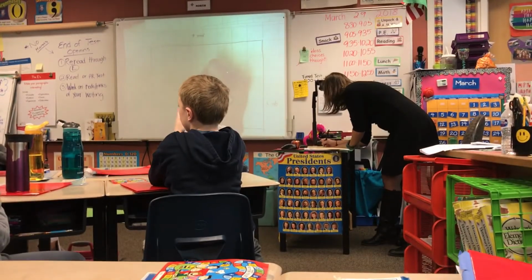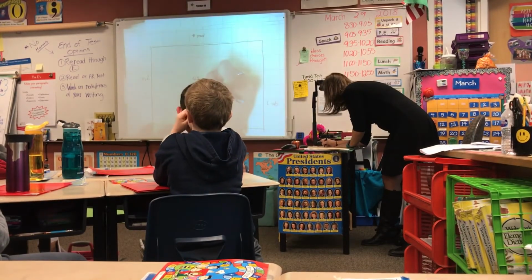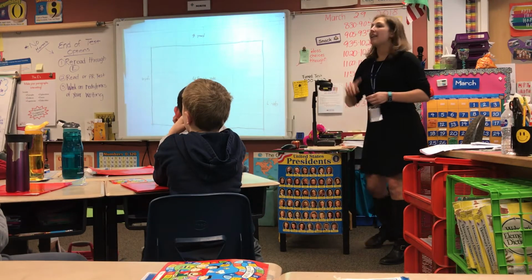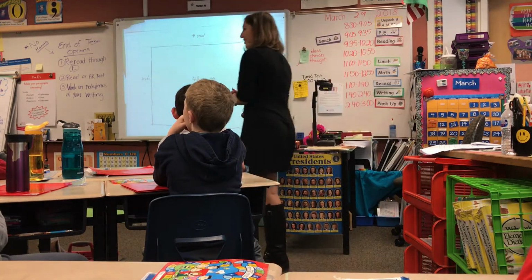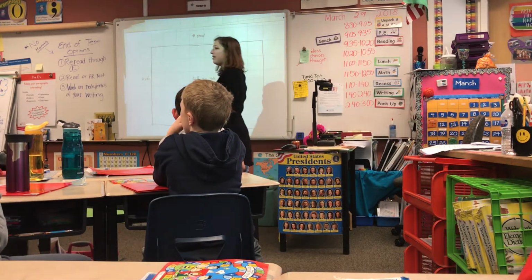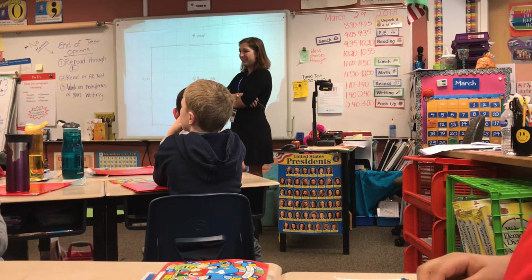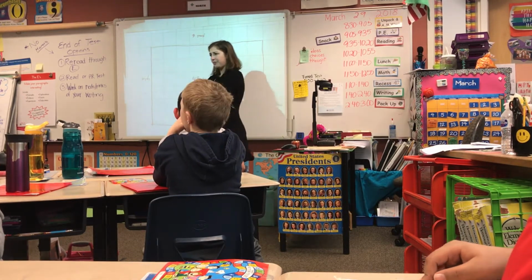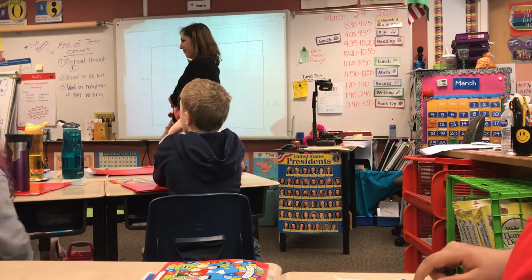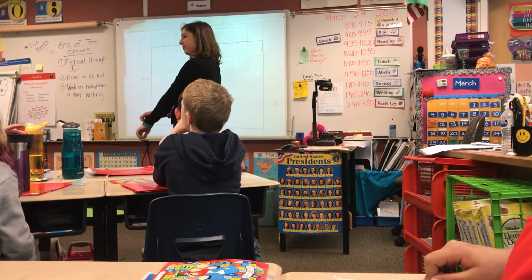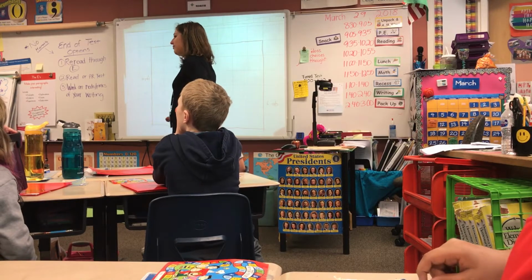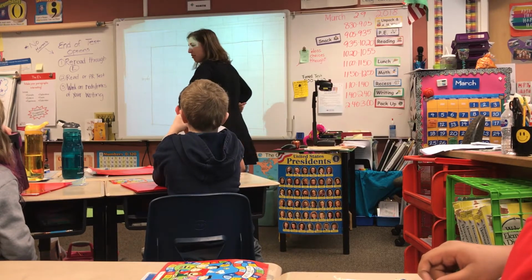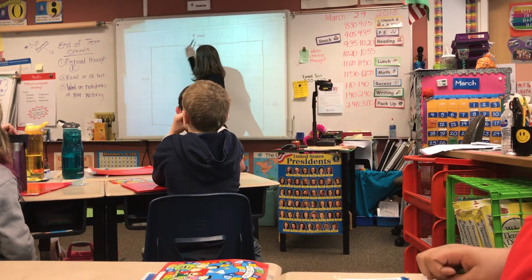Okay, 48 square yards. But let's go back to Kelly. Kelly, what were you saying we could also do that might be a little bit faster? 6 times 8. How do we know it's 6 times 8? How do we know it's 6 times 8 would solve the area?